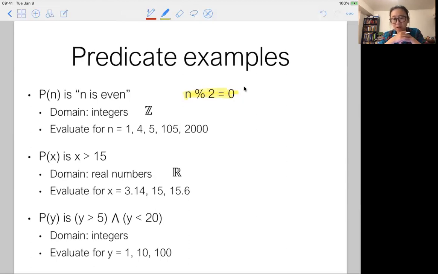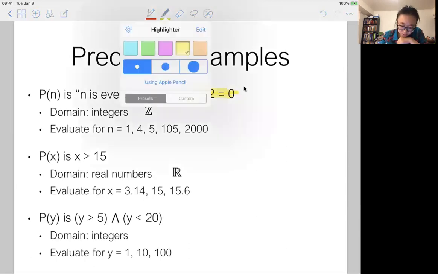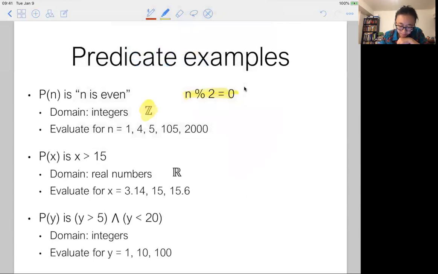If it's an odd number, when I divide by 2, it has a remainder of 1. So what is the domain of this predicate? The domain is the integers, and the integers have the symbol Z. Now we can evaluate the predicate for various values of n.